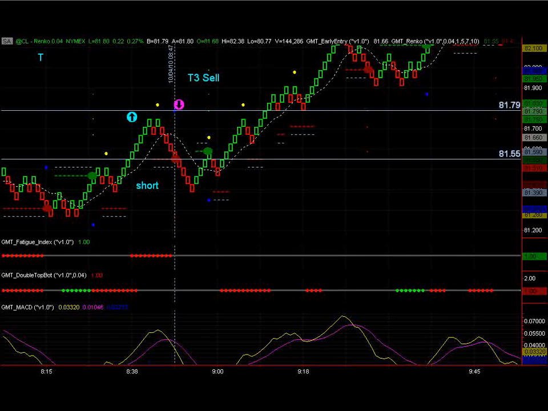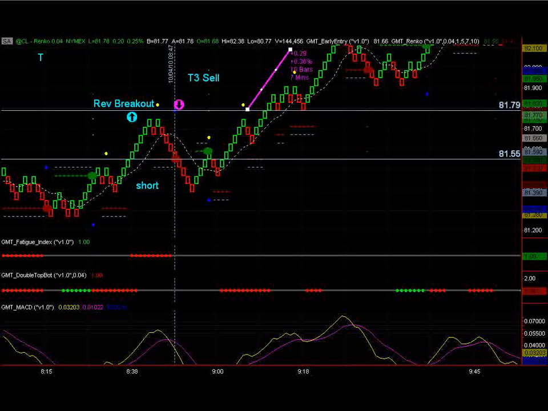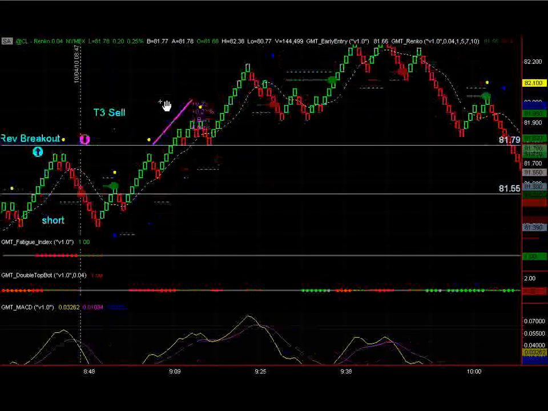This particular breakout trade's called a reversal breakout. So the reversal breakouts are very good. We're going for 20 cents there. You can trail it, but I've found that the most profitable way to trade it is just to take the 20 cents off the table.